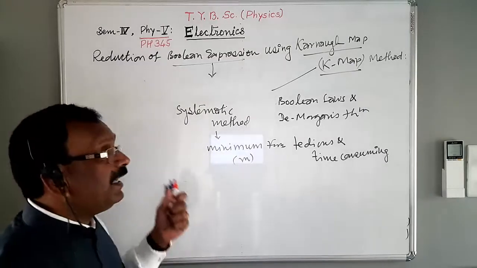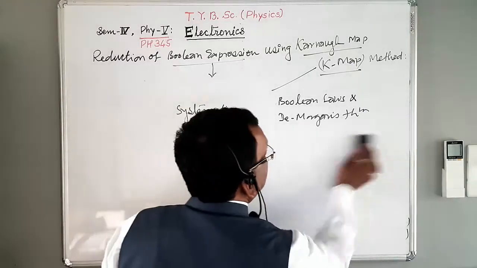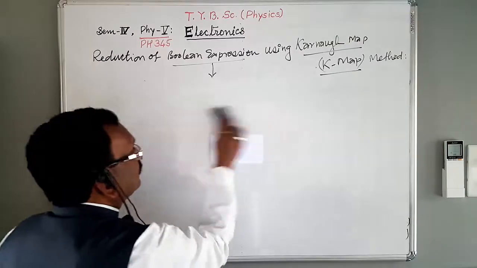Now, what is K-map? What is Karnaugh map?